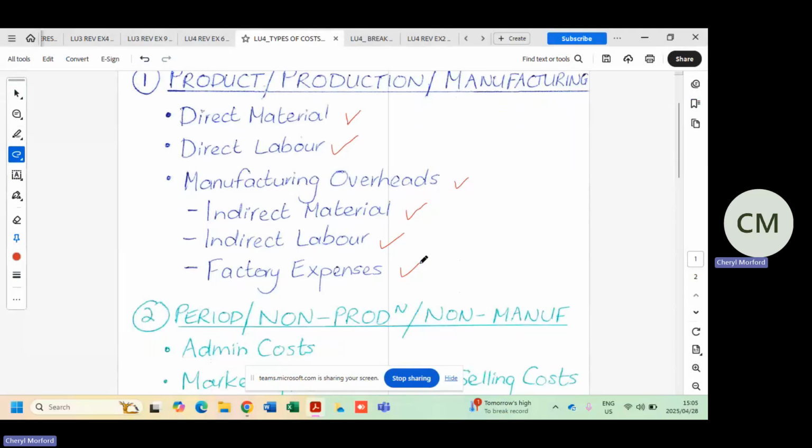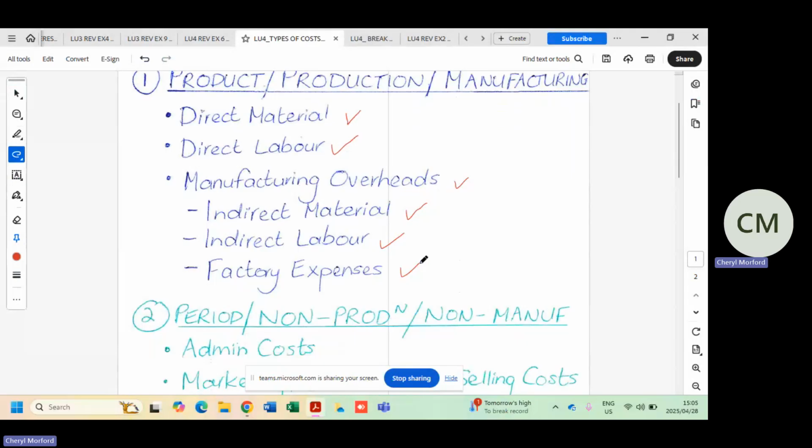So sometimes we are going to have to take a certain cost like rent and split it or apportion it between the factory and the office. So the bit that is for the factory is counted as a manufacturing overhead, therefore it is a product cost.